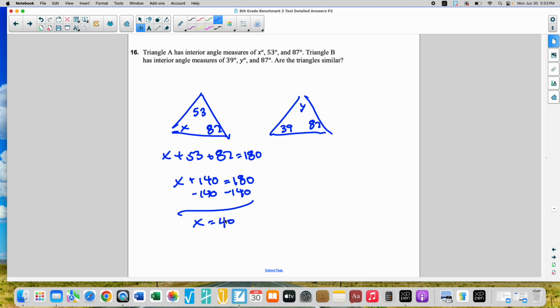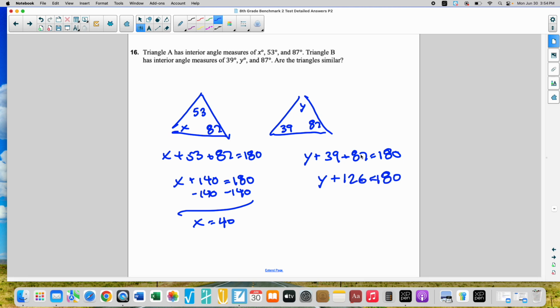40 degrees. So that missing angle is 40, and then we have y plus 39 plus 87 equals 180, and we should automatically know that's not going to work because these 87 were the same, and so 40 and 53 need to be identical to that. But we'll do the math anyway. That's going to be 126 equals 180.